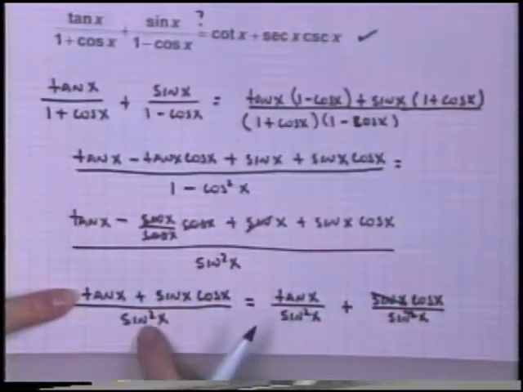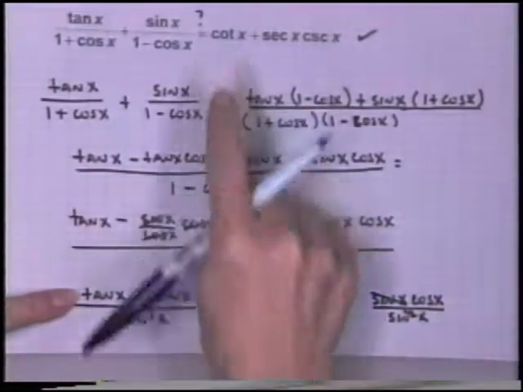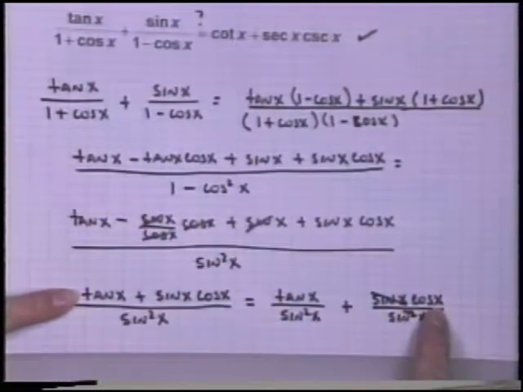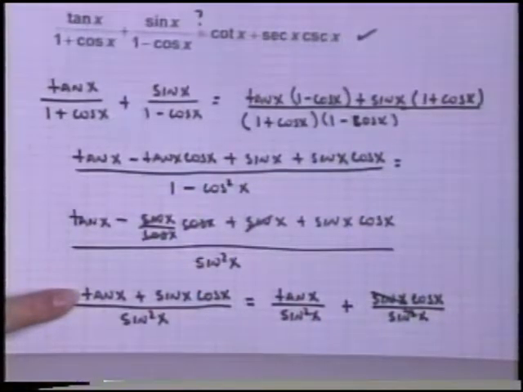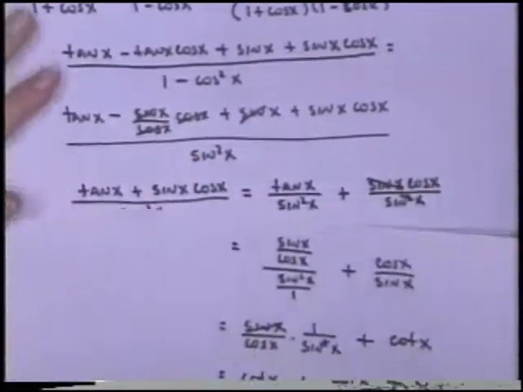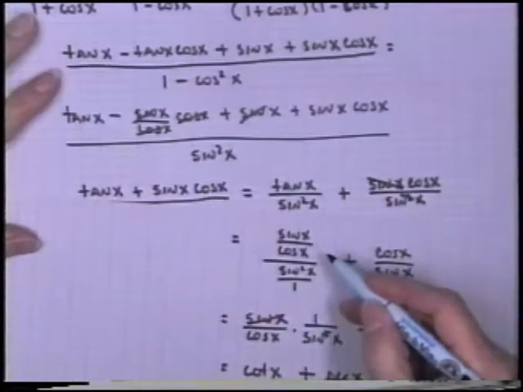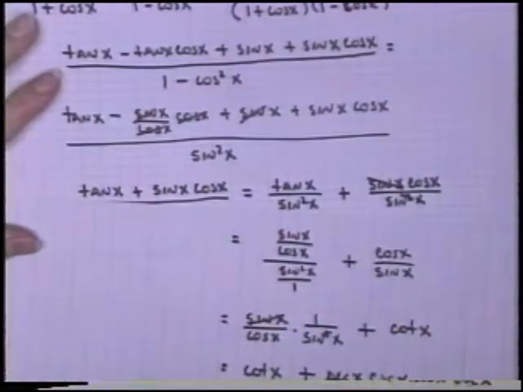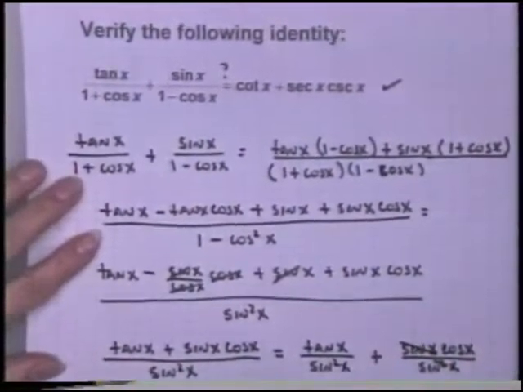When we got to this point, looking ahead again, I can see these sines are going to cancel. Cosine over sine is cotangent, so I split this thing up. And then I just need to work with this term here. We converted that tangent into sine over cosine, flip and multiply, and things worked out.